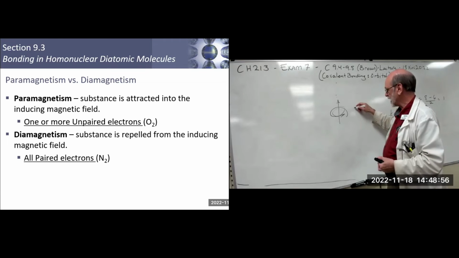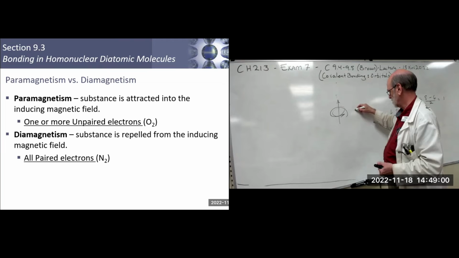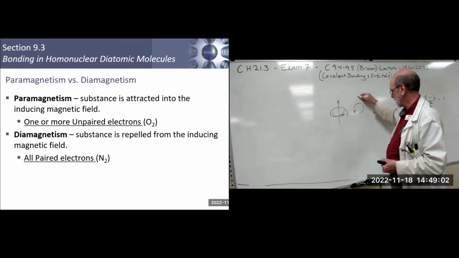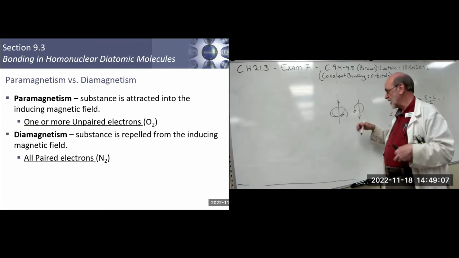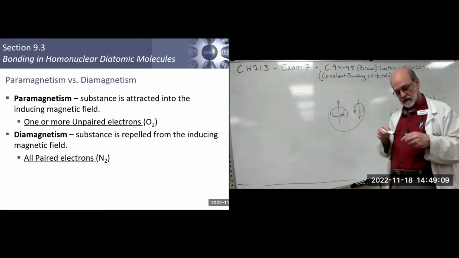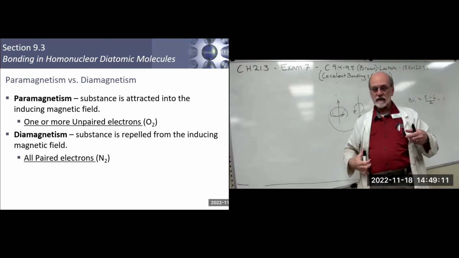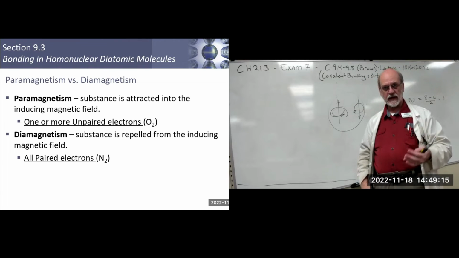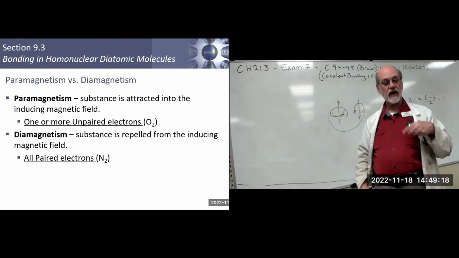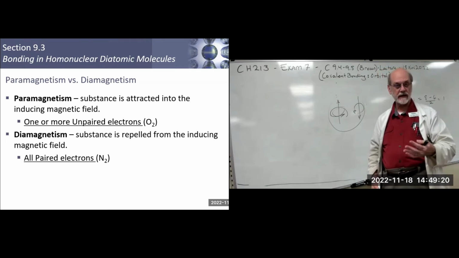But if you've got another electron here spinning in the other direction, then it will produce a magnetic moment in the other direction, and they cancel each other out. So when that happens, they actually repel a magnetic field. They're not maintained or retained within the magnetic field.